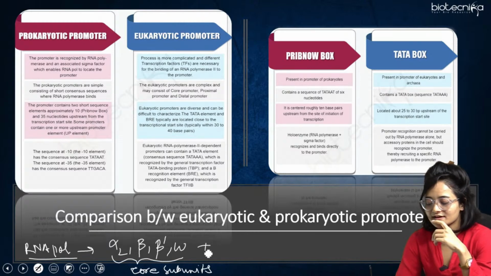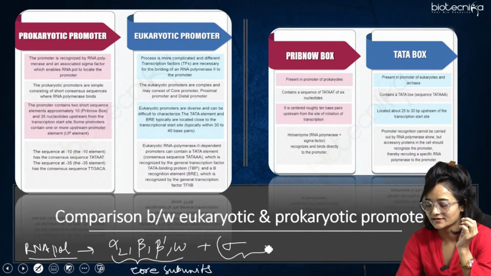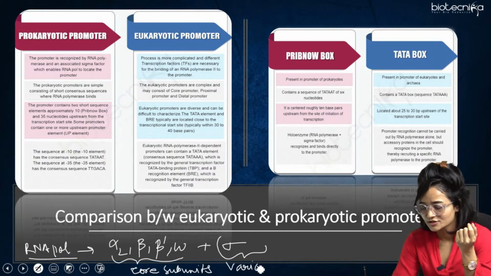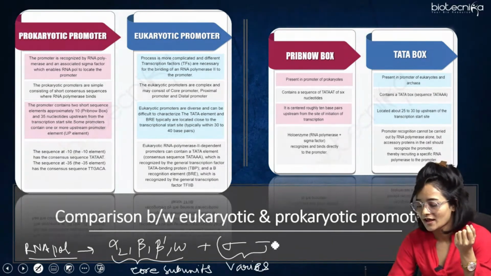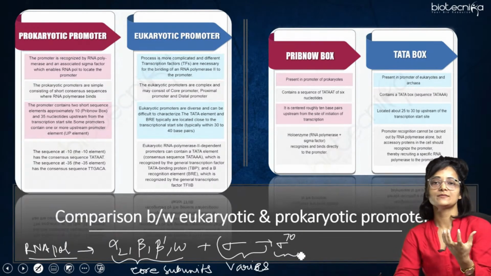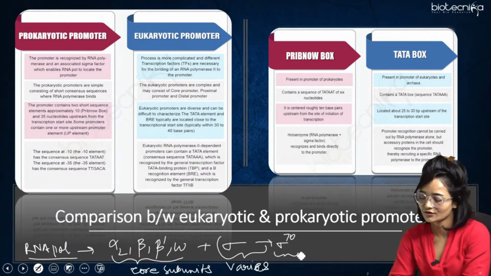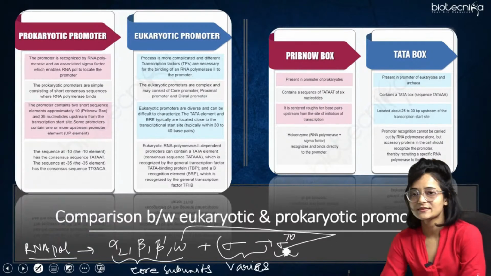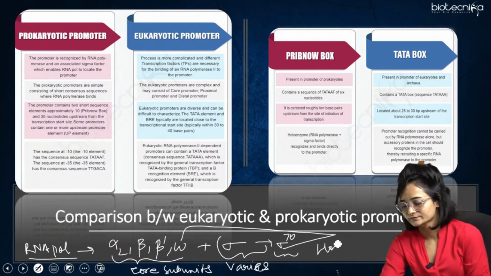Apart from that, there is another subunit, the sigma subunit, which varies from one organism to another. In sigma subunit also the most common one is sigma 70, which is mostly being studied and is present in E. coli, right? So these are the 6 subunits. The combination of these subunits is majorly known as the holoenzyme.